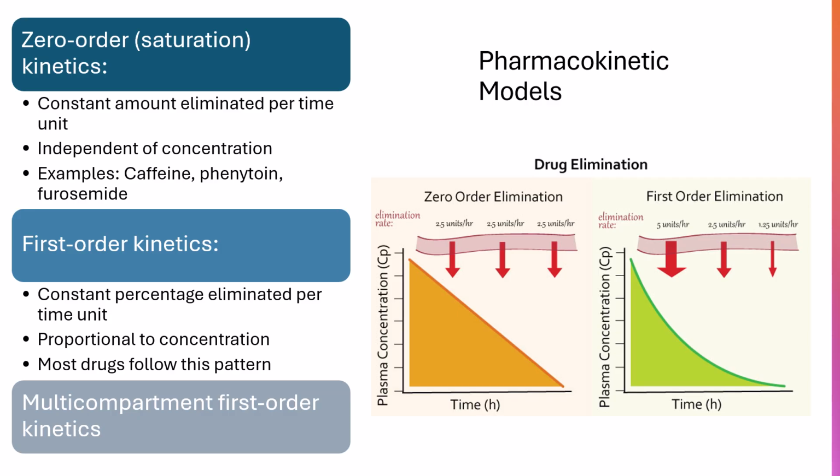In first-order kinetics, a constant percentage of drug is eliminated per time unit, proportional to concentration. Most drugs follow first-order kinetics, meaning half-life is constant regardless of dose. Multi-compartment first-order kinetics describes drugs that distribute between central and peripheral compartments before elimination. Understanding these models helps predict drug behavior over time.